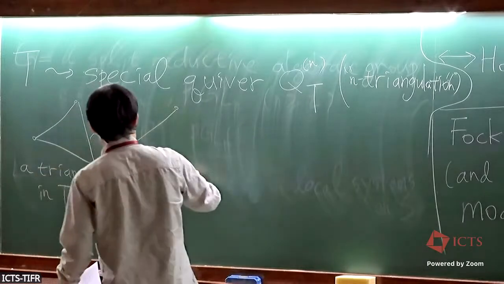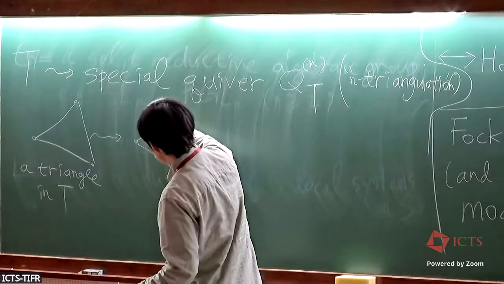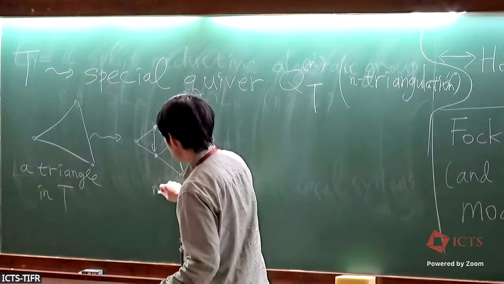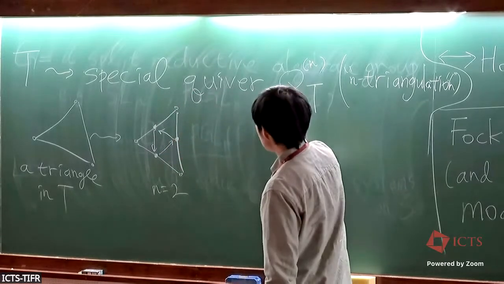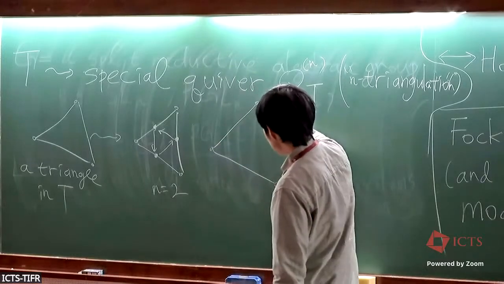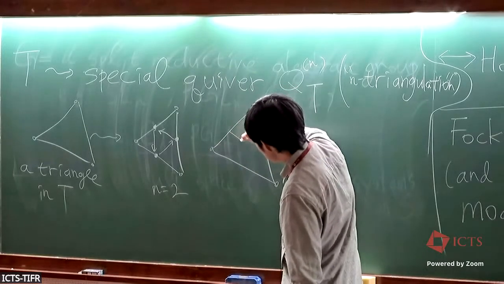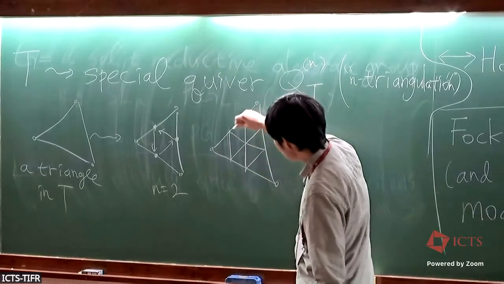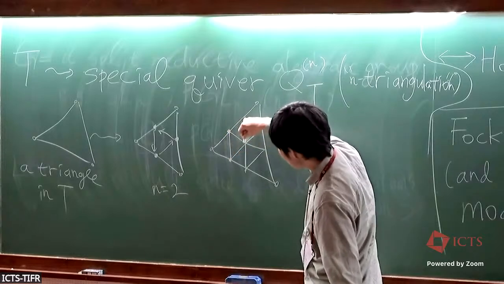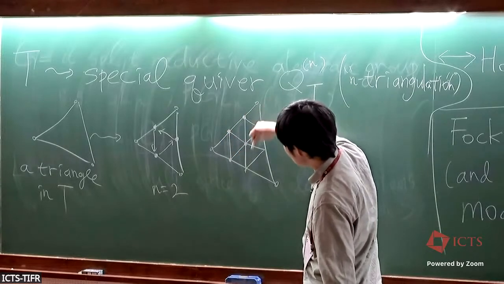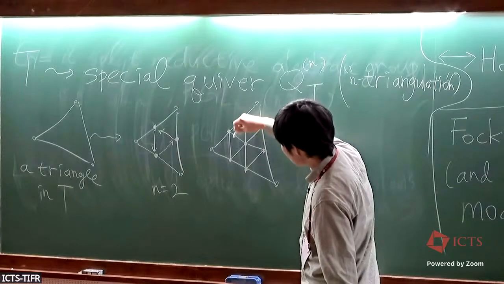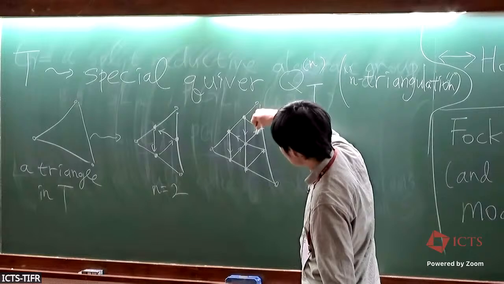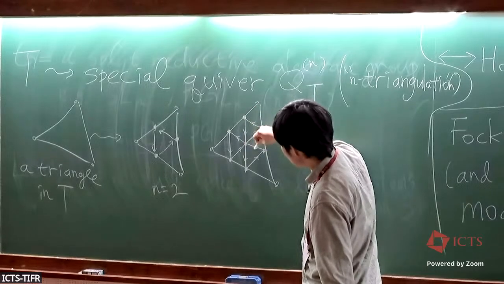So here's what happens when n is 2. So 3 vertices, and then it goes around. This is when n is 2, and n is 3. You subdivide like this. So all these are vertices of the quiver. And the orientation is such that the small triangles go like that.